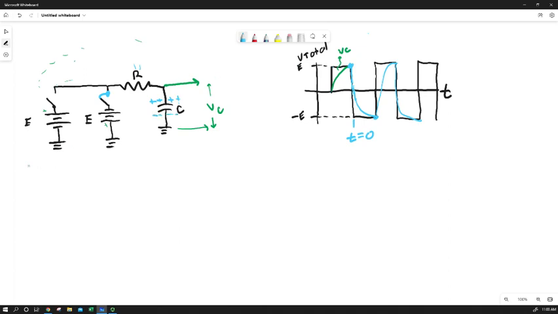Okay. So I'm just going to reiterate that the charge on my capacitor at any time is equal to V sub C times C, and the voltage drop over my resistor, of course, is going to be current times the resistance.